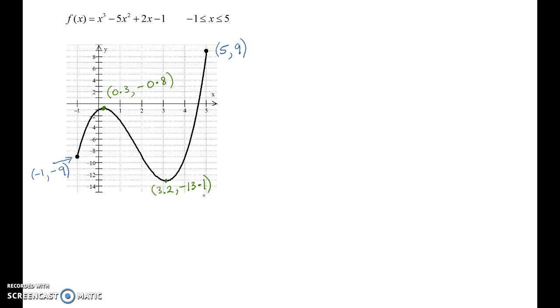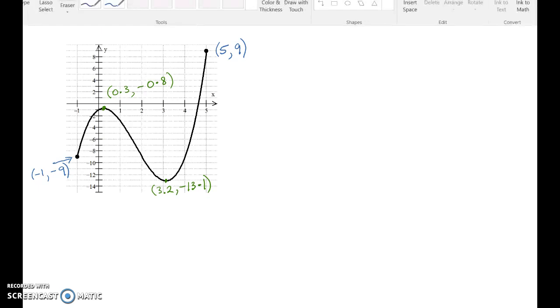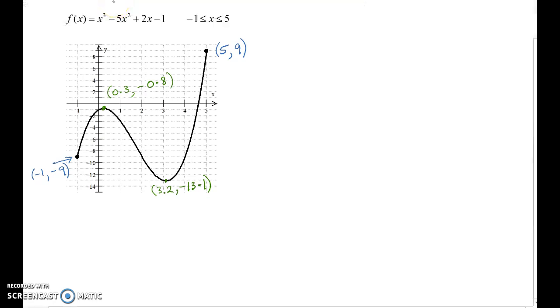Okay, so now let's talk about the maxima and minima specifically. The absolute maximum is simply the highest point on the graph. Okay, so the highest point on this graph is 5, 9, and it's a closed circle. If the highest point is an open circle, we say there is no absolute maximum.